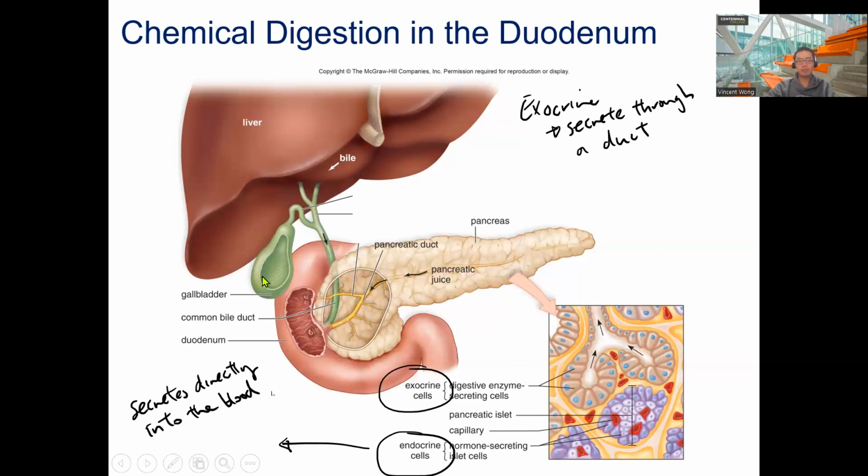And when you need it, the gallbladder will secrete the bile through the bile duct, right? And again, it goes into the duodenum. In case you got lost in all these things that I'm telling you, the key point to know is that the duodenum, the first part of your small intestine, is going to be receiving two kinds of secretion: the pancreatic juice from the pancreas and the bile from the gallbladder.